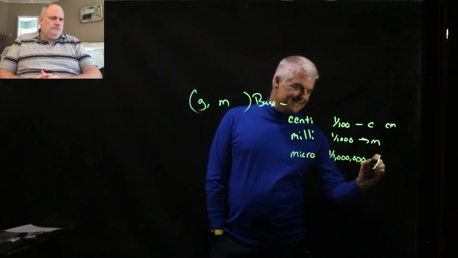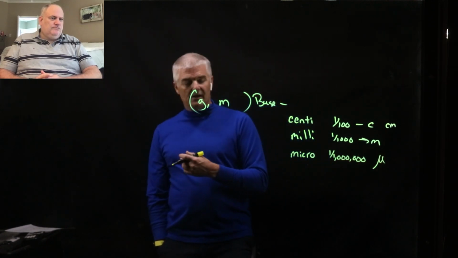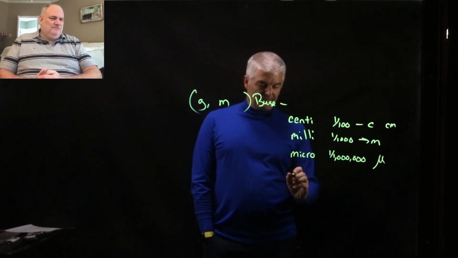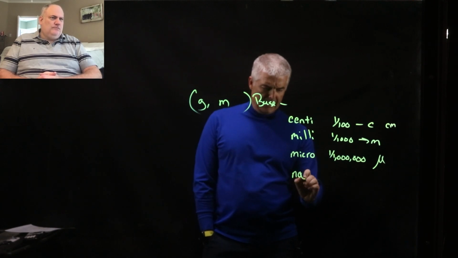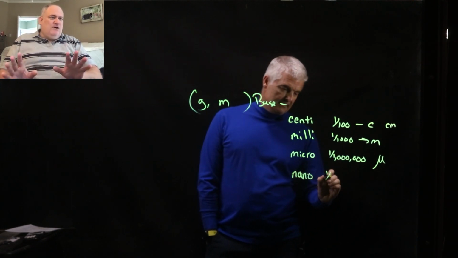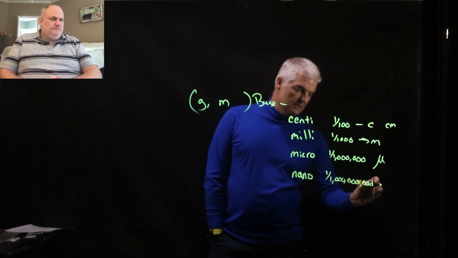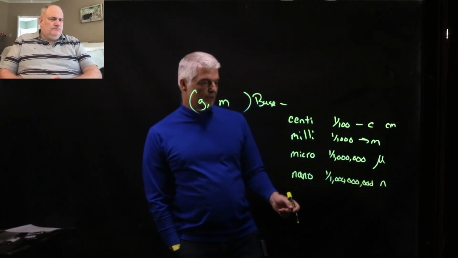The symbol for that is a funny looking u, actually the Greek letter mu. And the smallest that we'll talk about is nano. There are smaller than nano, but we're typically going to be in this range. Nano is 1/1,000,000,000th.